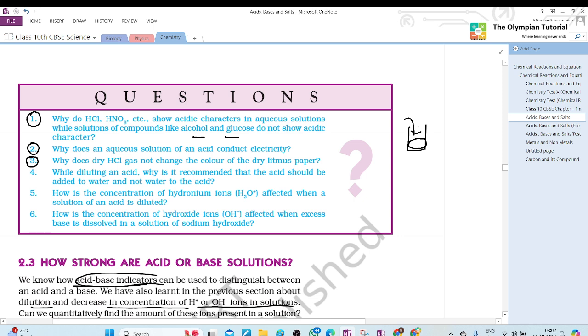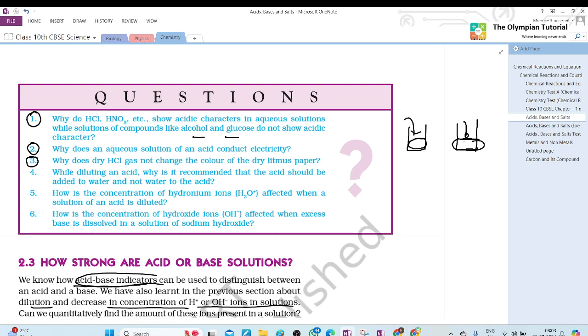A higher amount of heat will be released, which can be very harmful. So what we do? We take water and drop wise we add acid, so that the heat which will be released can be neutralized by the water. Okay? Okay, friends?